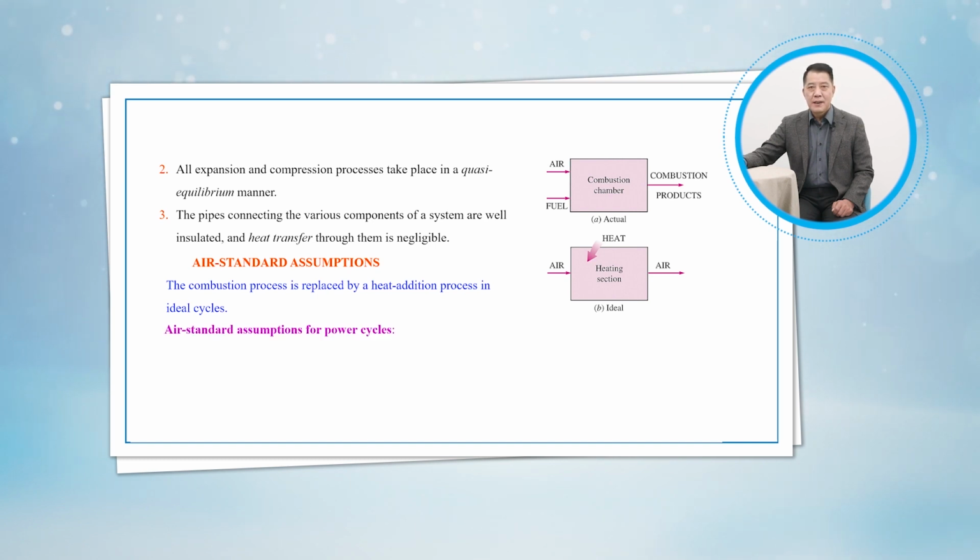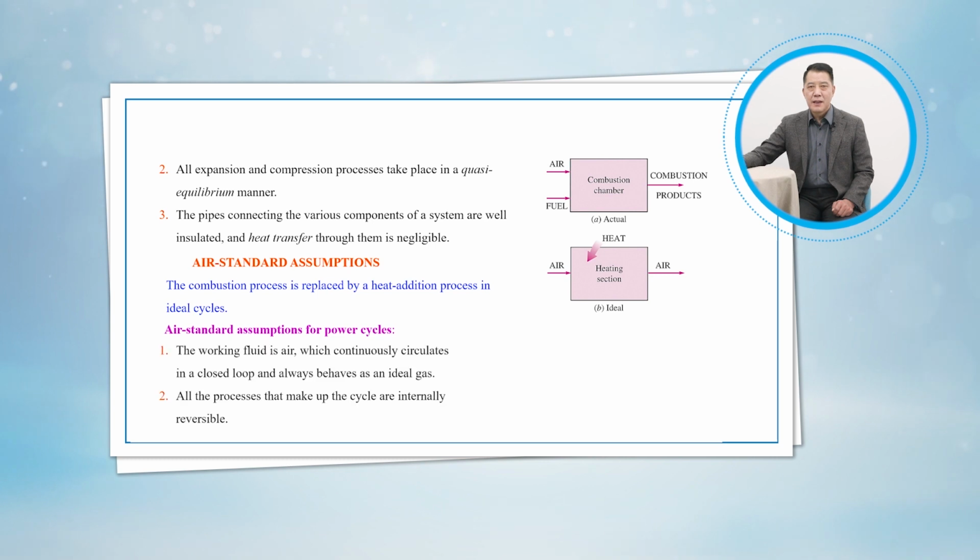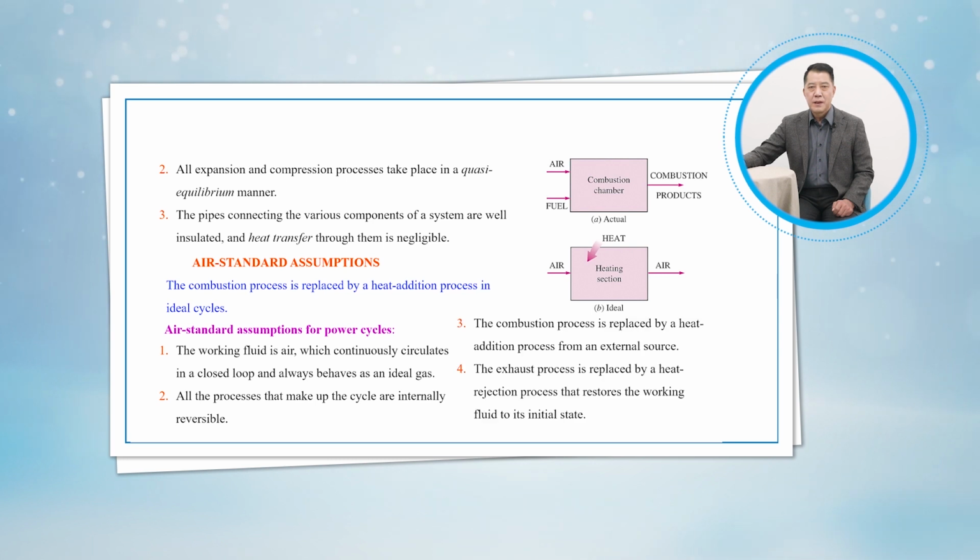Let's talk about the air-standard assumptions for power cycles. Assumption 1. The working fluid is air, which continuously circulates in a closed loop and always behaves as an ideal gas. Assumption 2. All the processes that make up the cycle are internally reversible.